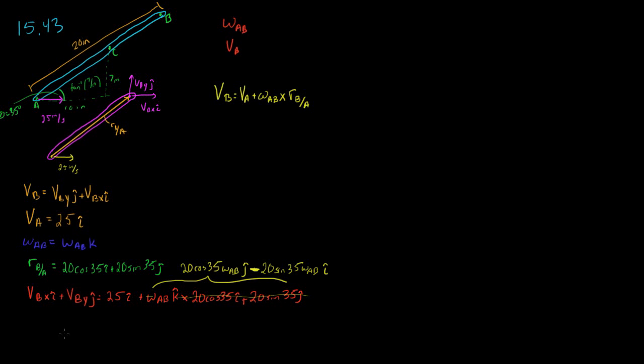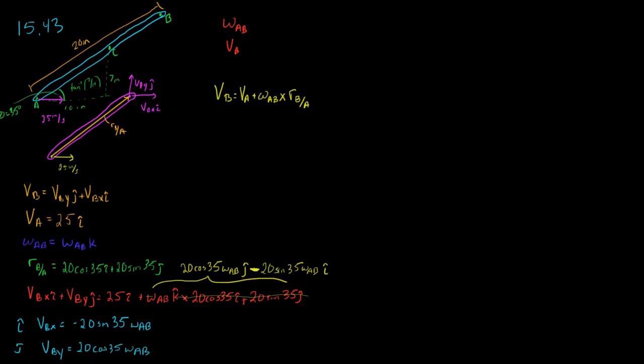We can equate our i and j components. So we have the velocity of B x is equal to minus 20 times the sine of 35 omega AB. And the velocity of B y is equal to 20 times the cosine of 35 omega AB.